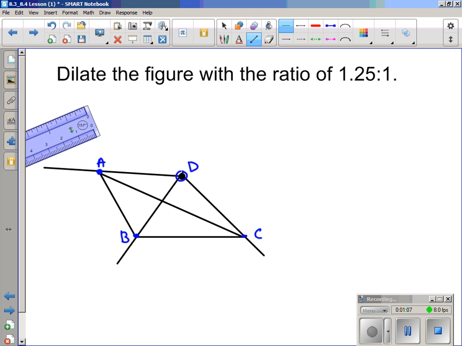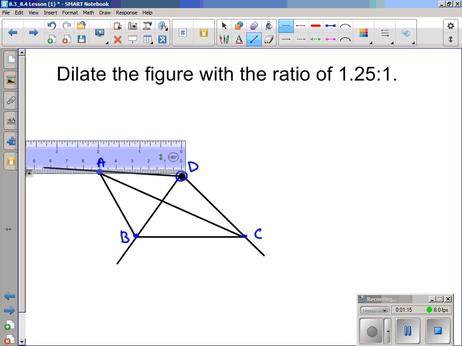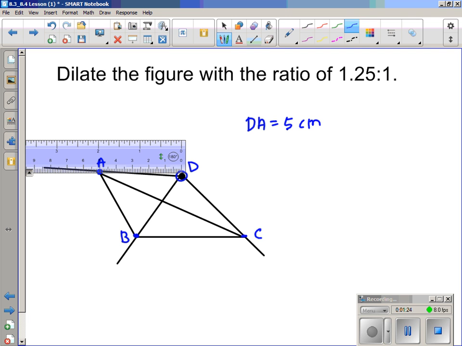All right, so my first step is to measure, again, we always measure from the center of our dilation. So I'm going from our center to point A, it's about 5 centimeters. So from D to A, it's 5 centimeters.